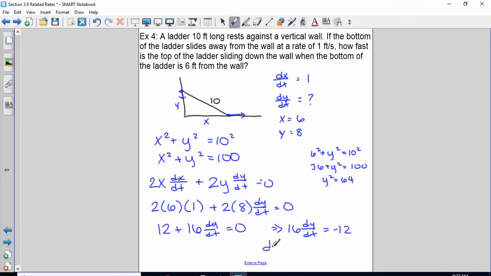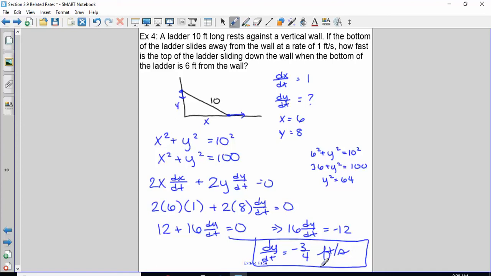If you divide by 16, get a negative 3/4, which we predicted it would be negative. Units. y was the height that was measured in feet. Per t was time, that was in seconds. So it's going down at a rate of negative 3/4 foot per second.